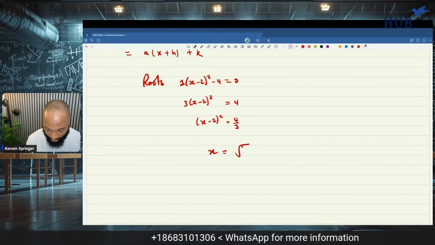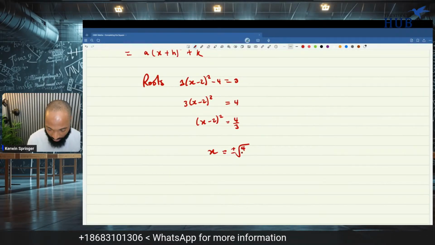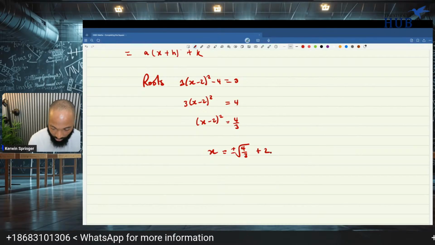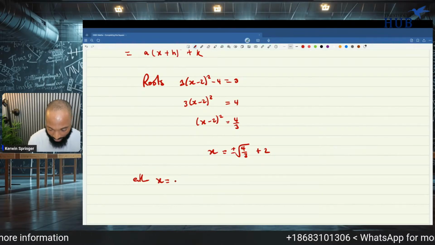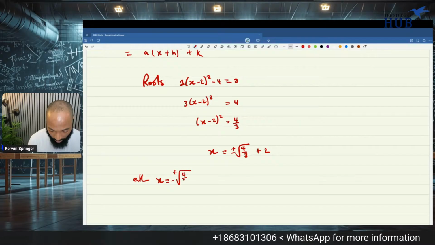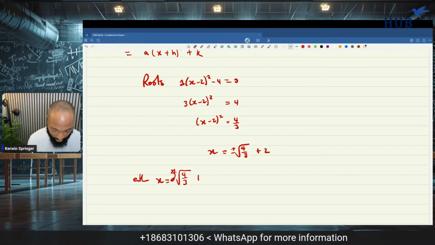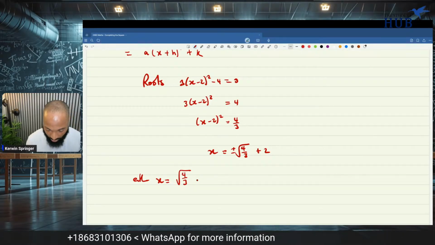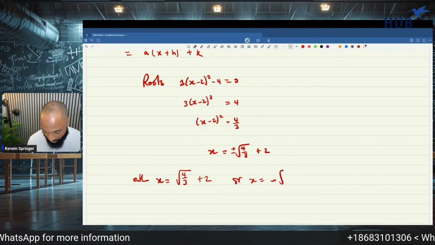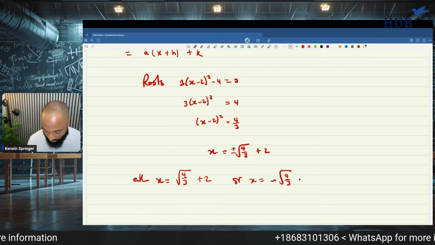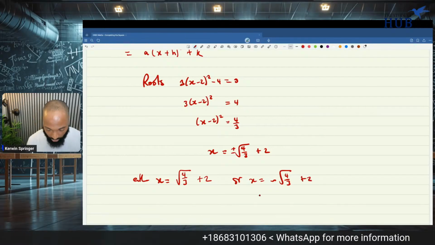So you get plus or minus the square root of 4 over 3, and then the 2 will come across. So either x is plus the square root of 4 over 3 plus 2, or x is negative the square root of 4 over 3 plus 2.